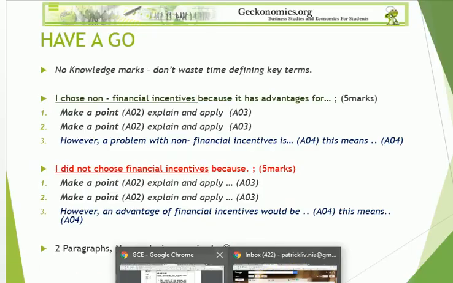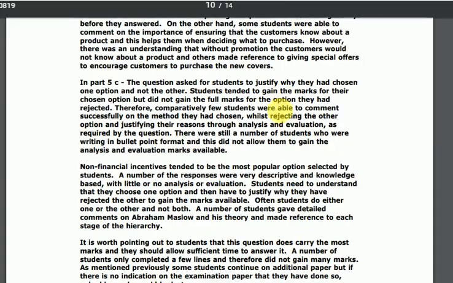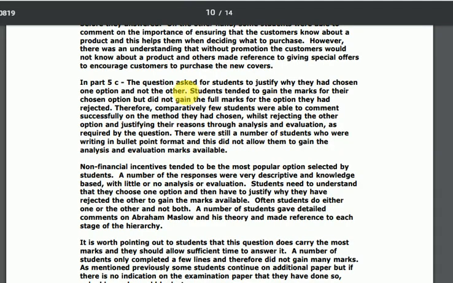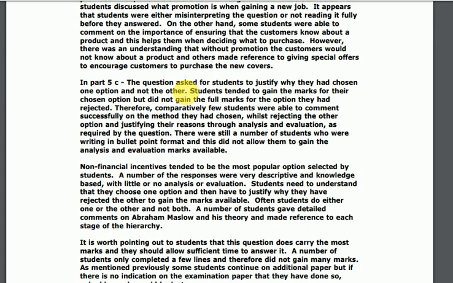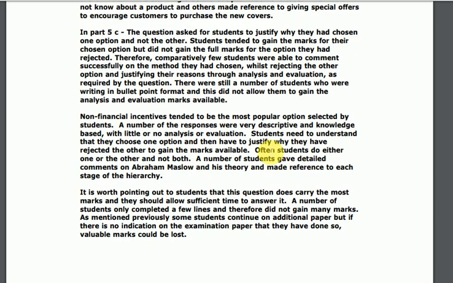Now the examiner's comments on this question were the same as most years. Allow yourself time to answer the question sufficiently. Give yourself lots of chance for analysis and evaluation. He gives some examples of student work.